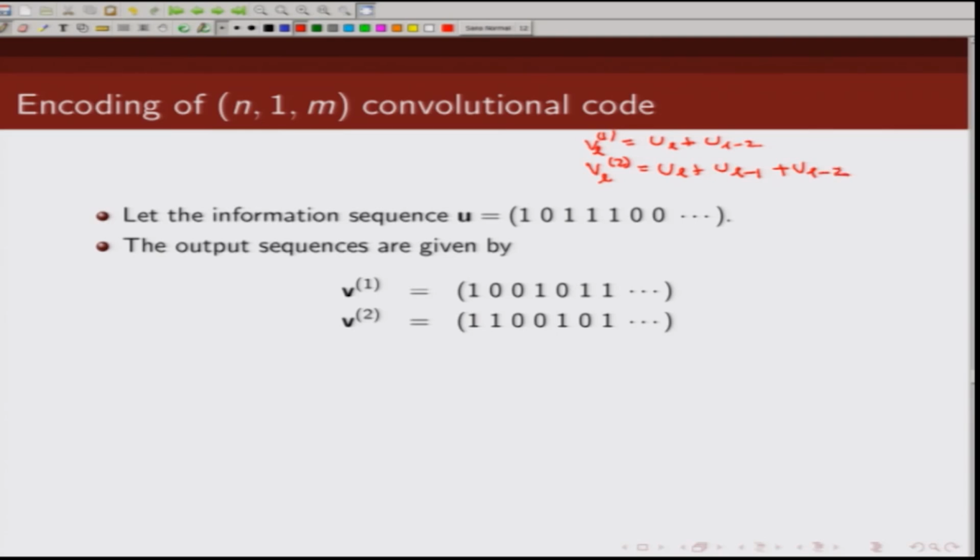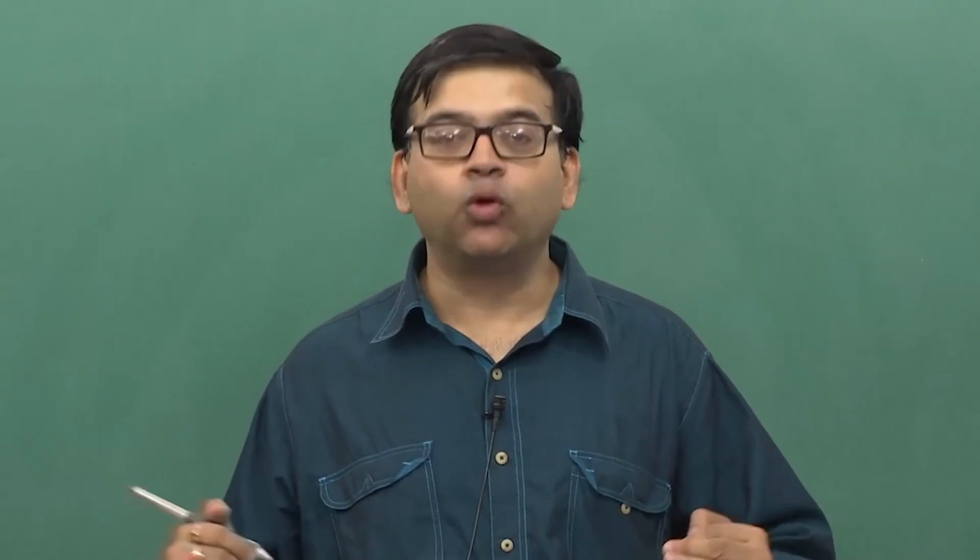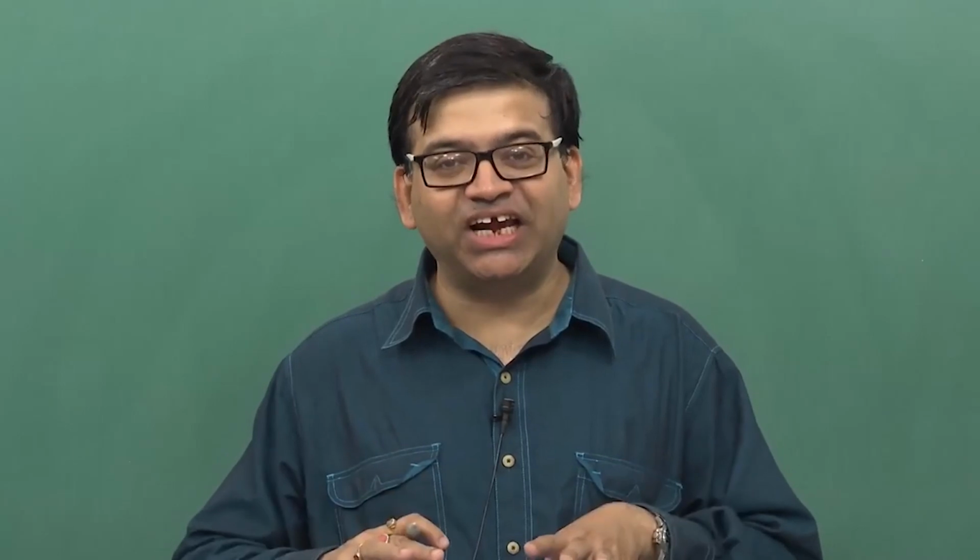Now, note when the first input U_L, which is 1, comes, what is the output? To specify the output, we need to specify the initial contents of U_{L-1} and U_{L-2}. Initially we will assume that the convolutional encoder was in the all 0 state. What do we mean by all 0 state? We are assuming that initially the contents of the shift registers were all 0.